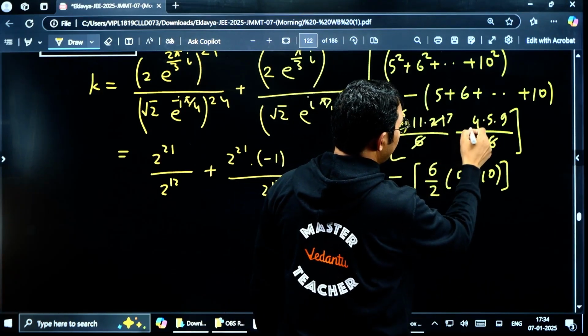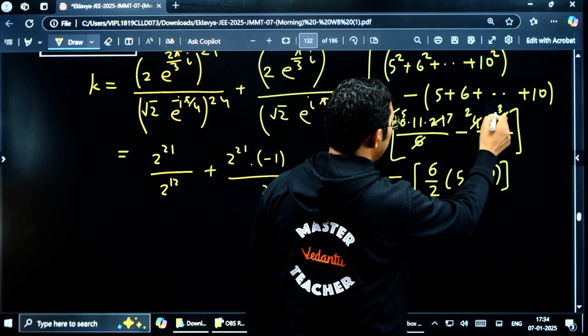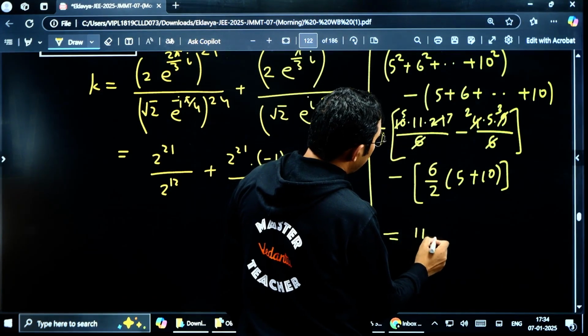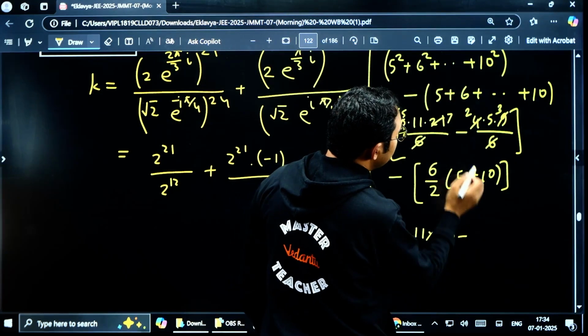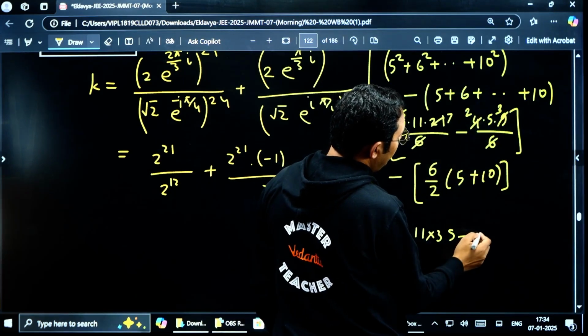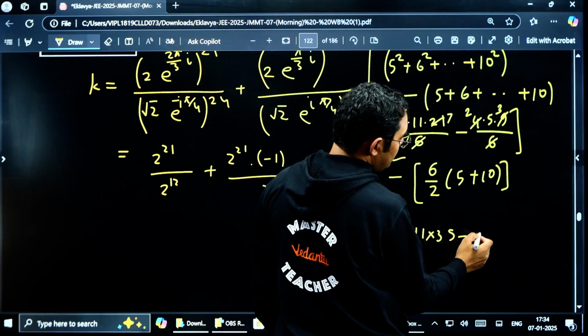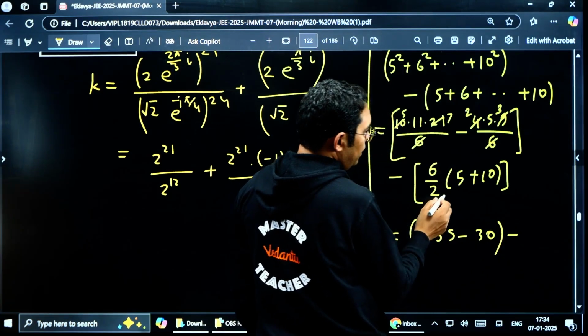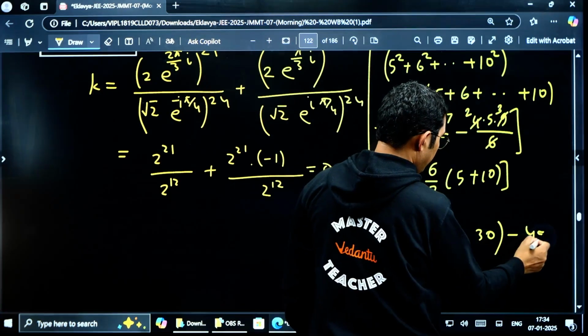This 6 will cancel 2 times here and 3 times here. So what are we left with here? I think 5 into 7 into 11, 11 into 35 I will write. Minus, here we are left with 2 into 3 into 5. I think 2 into 3, 6 into 5 is 30. And here 15 into 3, 45. So that is the answer.